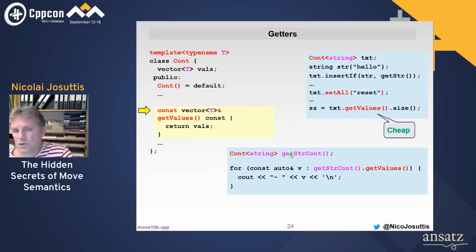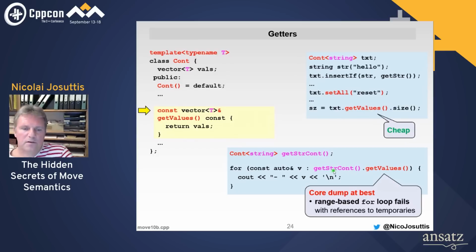If we have a function returning a container of strings, so something like this, with elements being strings, and we then call this and directly ask for the values inside and iterate over these values. So let's iterate over all values returned by a function that gives us back a container of strings.